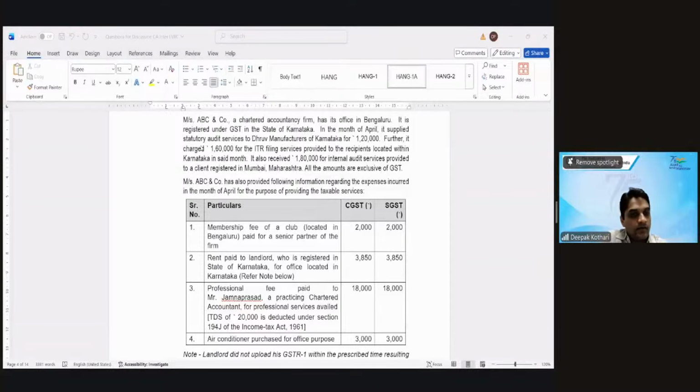GST payable nil. Okay. Lavanya is saying GST is payable nil. ITC available CGST 15,850, IGST 1,850. Okay.